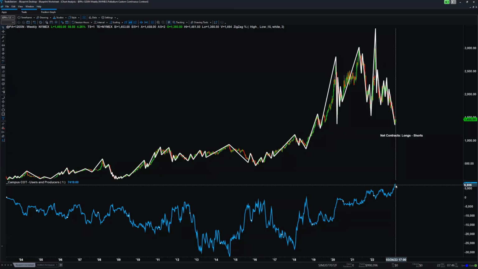The flip side of the coin is, if you are a palladium producer and you want to sell your supply of palladium, you would sell into rising palladium prices. So you would sell into rallies. And the more price rallies, the more you would sell. Now, important to note here is that commercials are not actually shorting or selling.